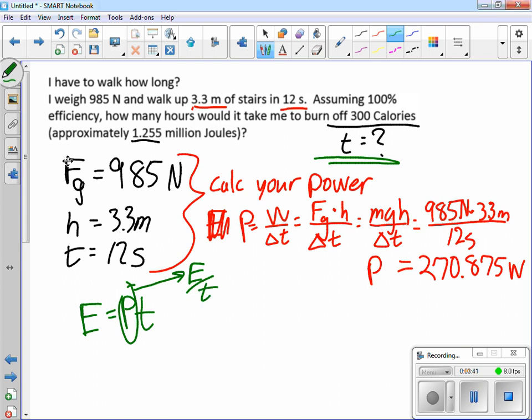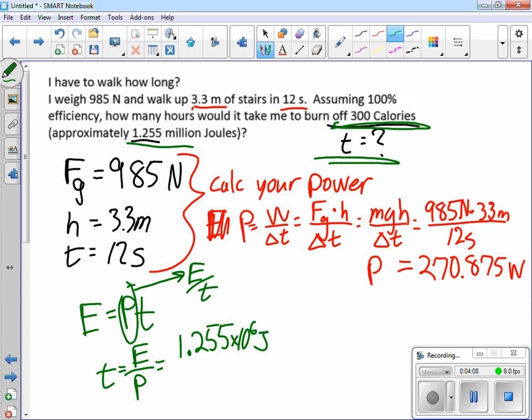So, anywho, solving this equation for time, dividing both sides by power, I have energy divided by the power. The energy, we have the 300 calories, but we're not going to do physics with calories. We're going to do this: 1.255 times 10 to the 6th joules divided by the power, which is this guy here, 270.875 watts.